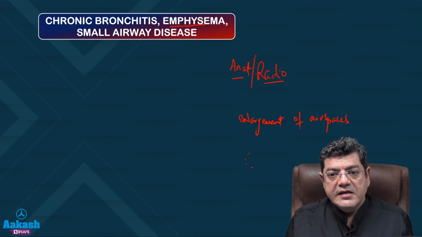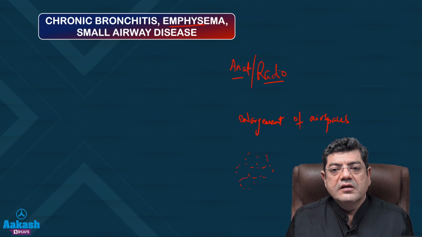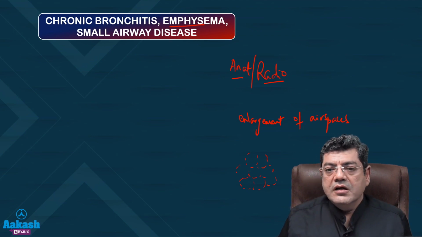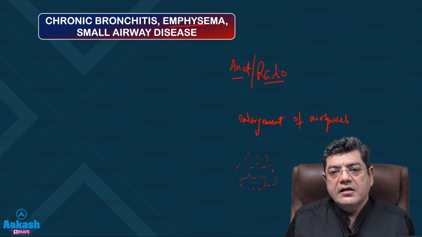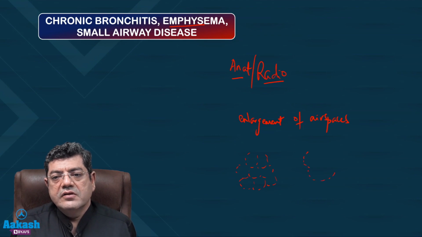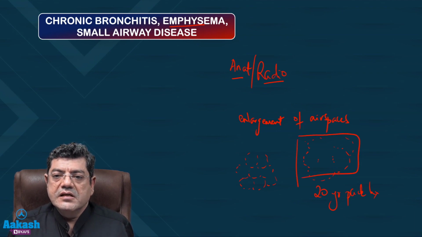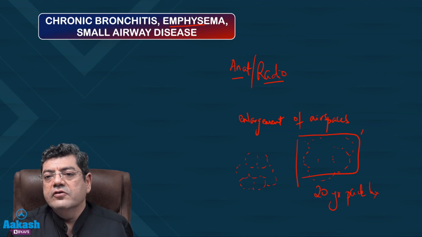What that means is that the alveolar walls, if this is the alveolar unit in someone who's both a non-smoker and does not stay in Delhi, and this is then the same unit in someone who has either a 20-year pack history or, like me, is unfortunate to have lived in Delhi for most of his life, then you will notice that this airspace is enlarged because of destruction of the alveolar walls.